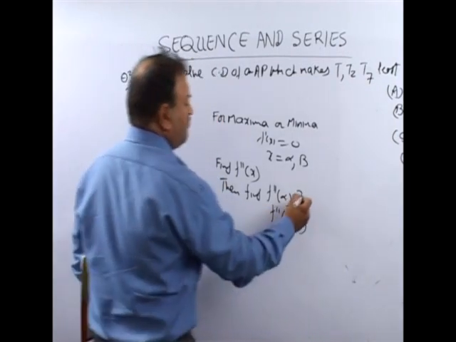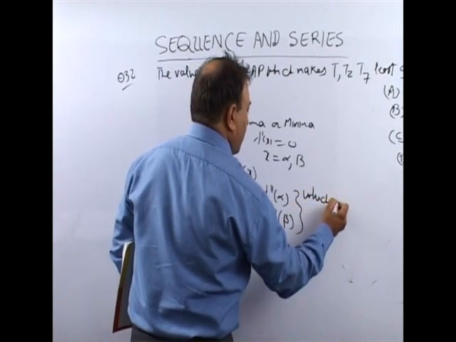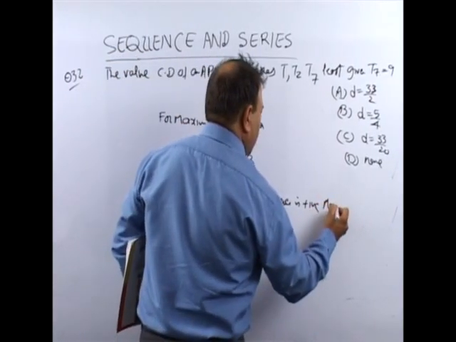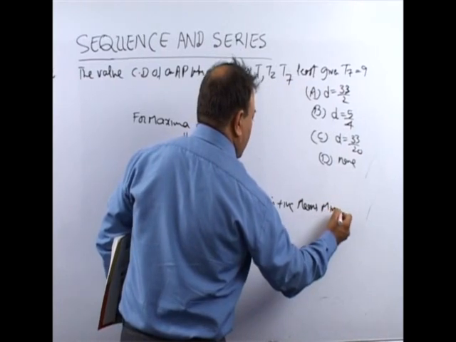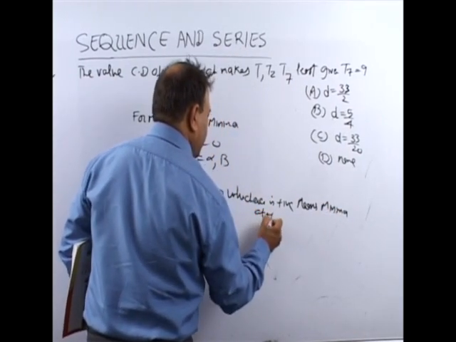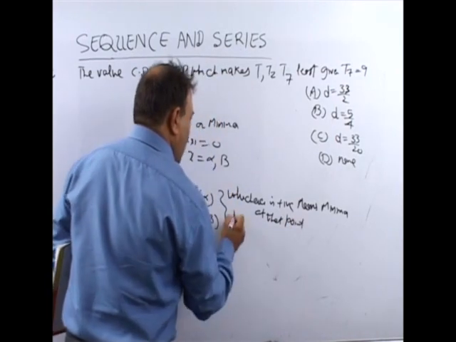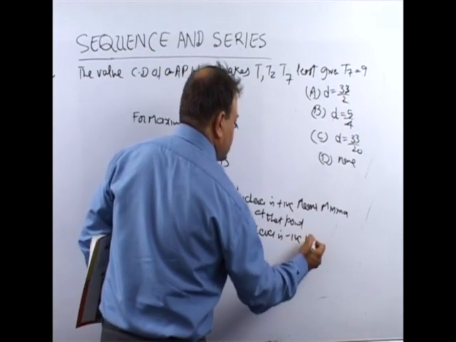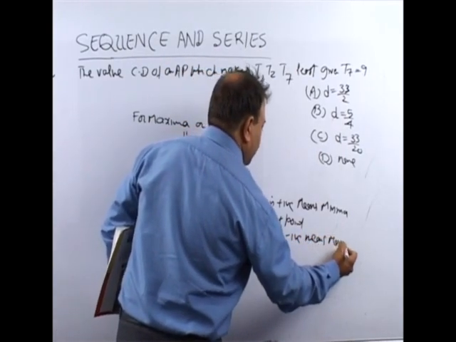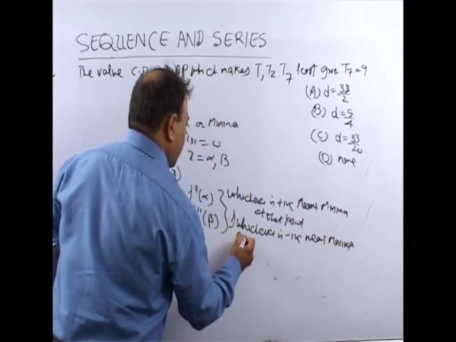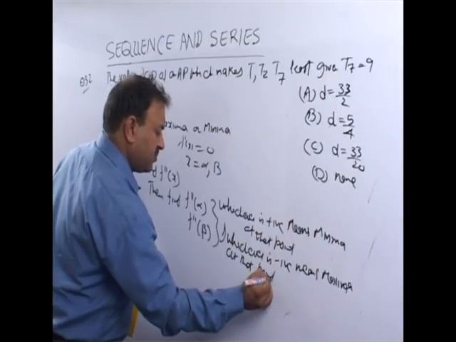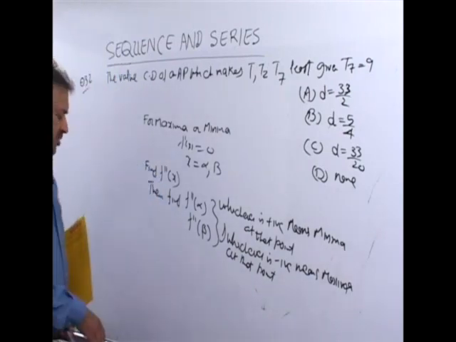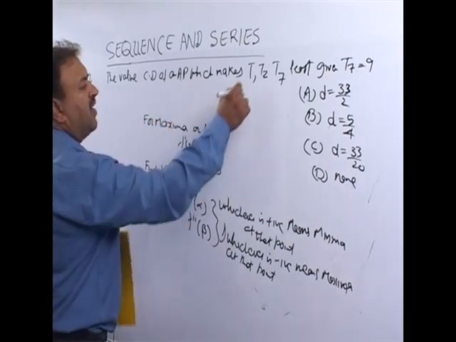Whichever is positive means minima at that point, and whichever is negative means maxima at that point. This is the concept. So we will find out T1, T2, T7.